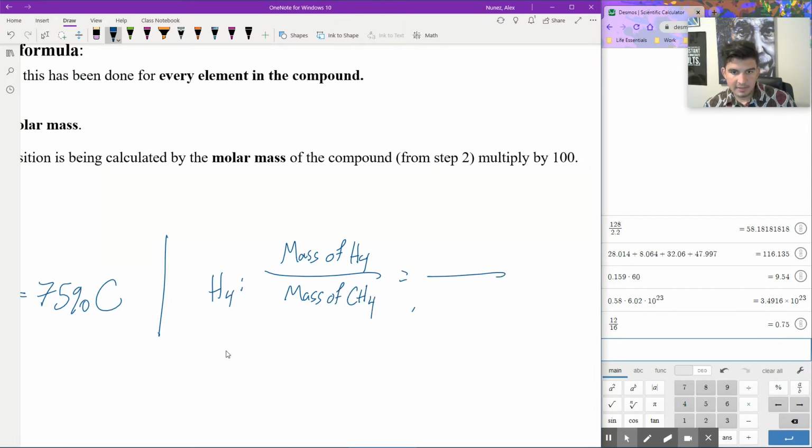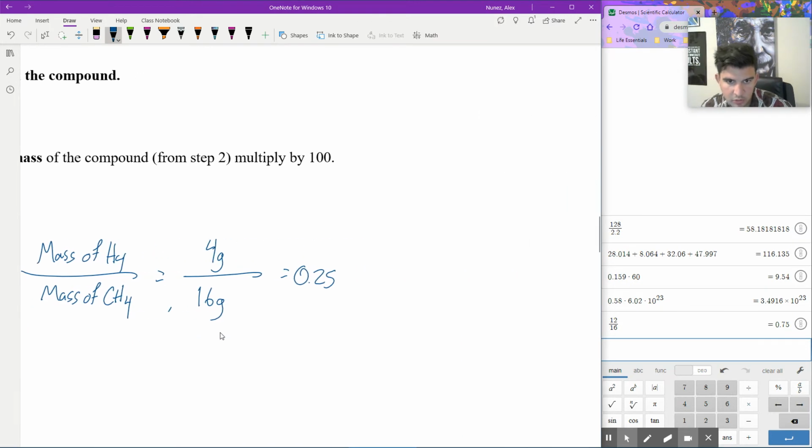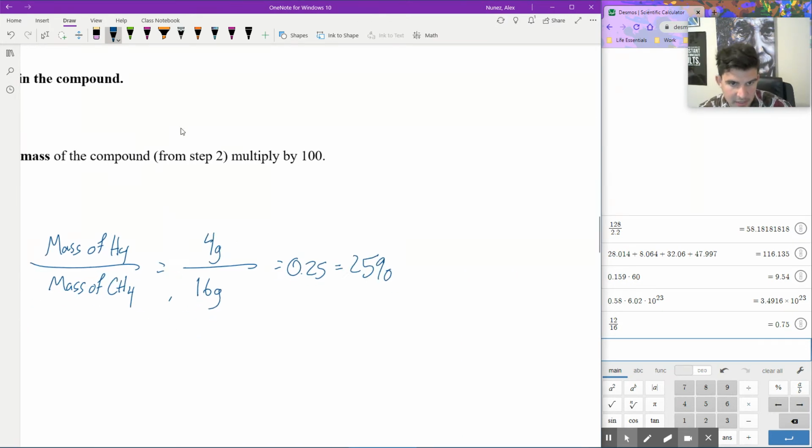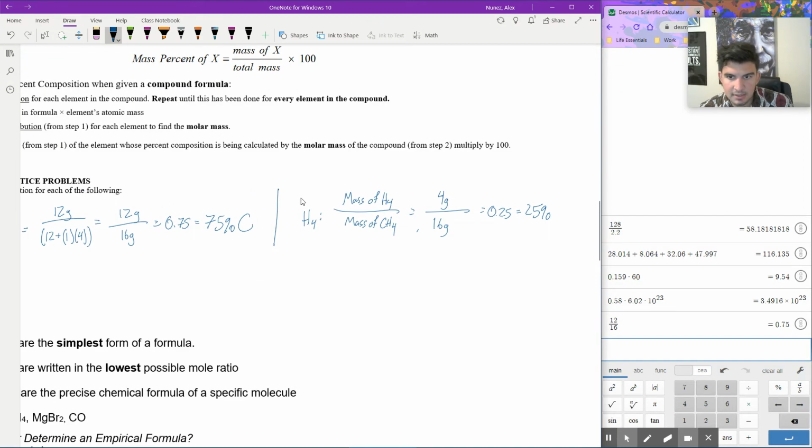Well, I already know the mass of CH4, that's 16 grams. The mass of H4, well, one hydrogen is 1 times 4, so that's 4 grams. And that gives me 0.25 or 25%. You can always check and see if you did this right, because your percents should add up to 100%, which 75 and 25 do.